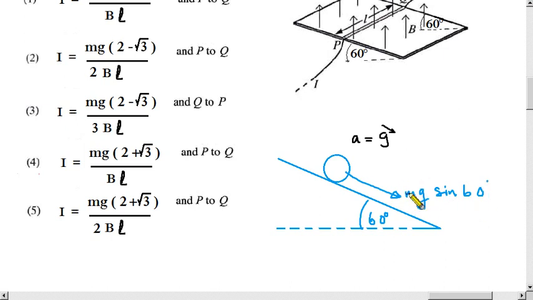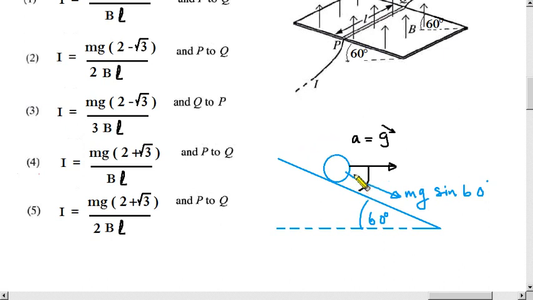Therefore this force is not enough, so we need another force towards this way, because only if the force is directed towards this way is it helping to move downwards. If it is towards the other way, it opposes the motion downwards. So that is what we don't want.